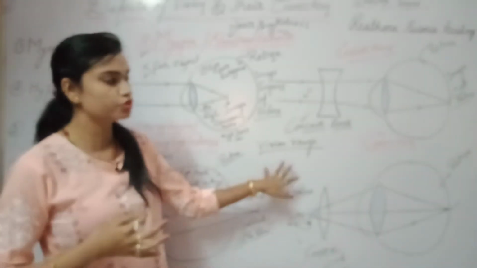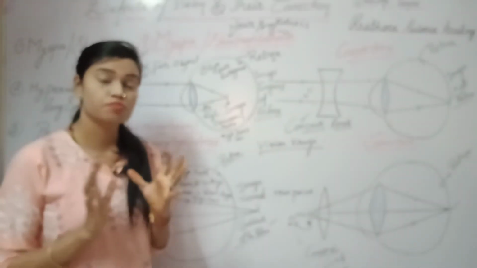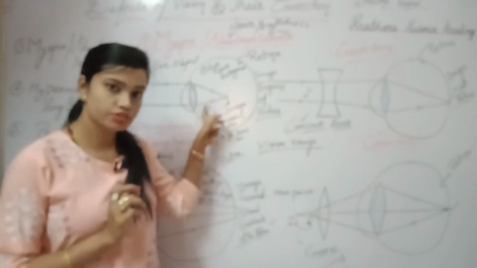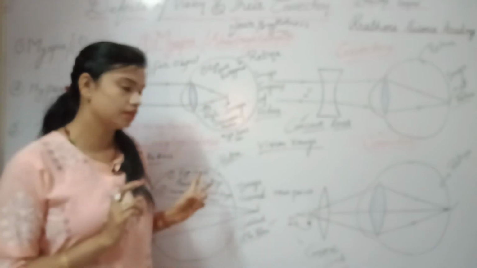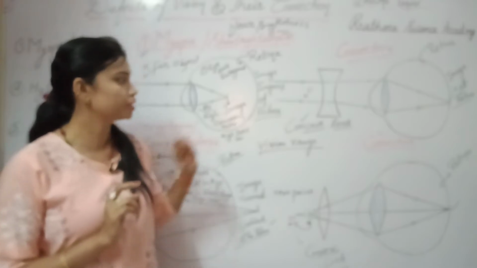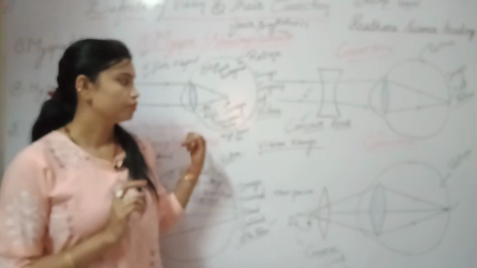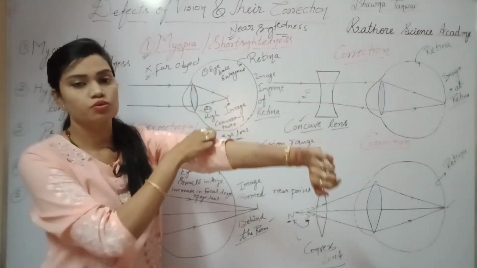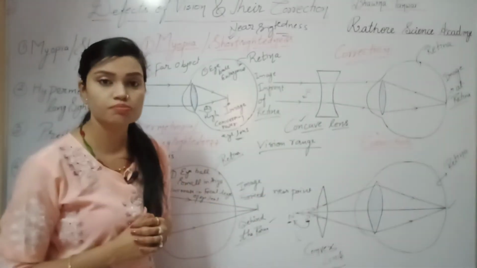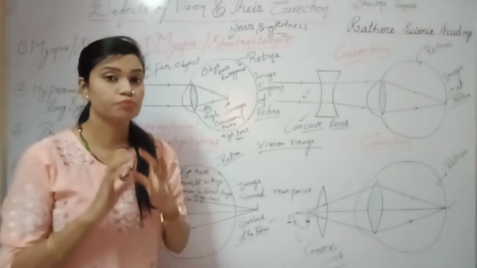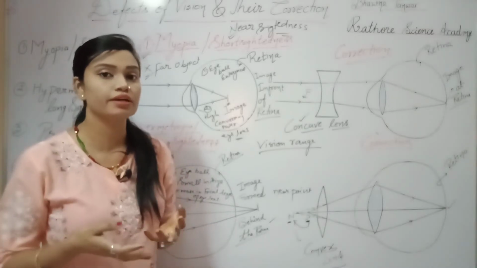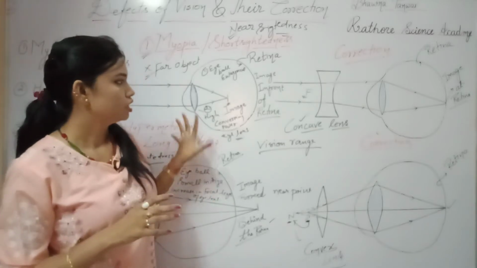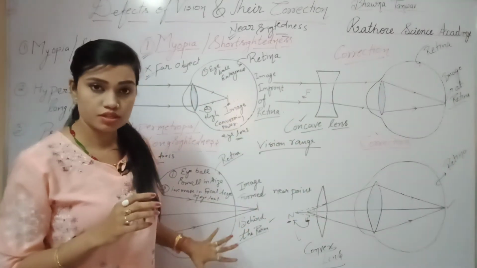From here, how many questions you will get? So many questions you will get. Listen: first the definition of myopia, second the definition of hypermetropia, their diagrams, the reason why concave lens is used in myopia, why convex lens is used in hypermetropia, and the most important, if you want to remember it in the form of differences, you can find so many differences here.